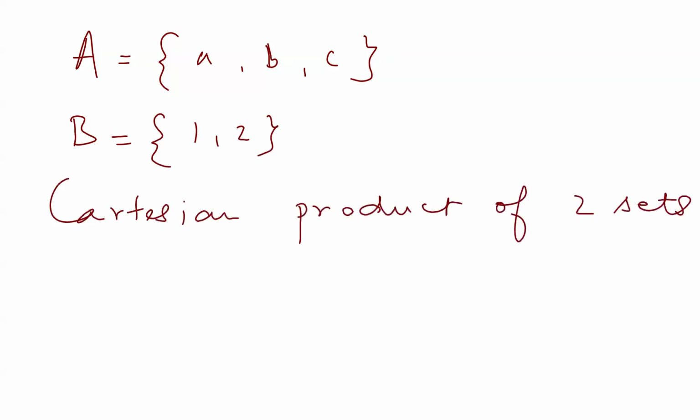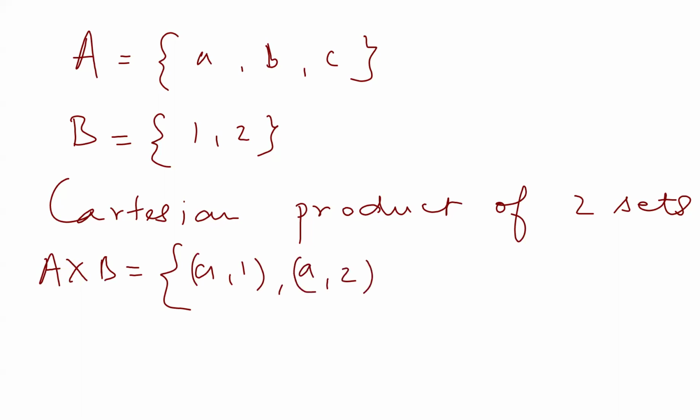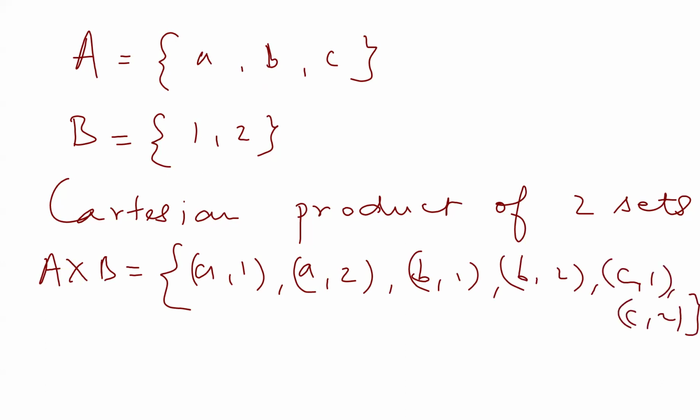So A cross B is the Cartesian product of A and B. So it will be (a,1), (a,2), (b,1), (b,2), (c,1) and (c,2). So this is the Cartesian product of A and B.